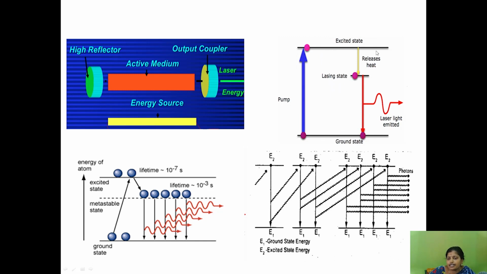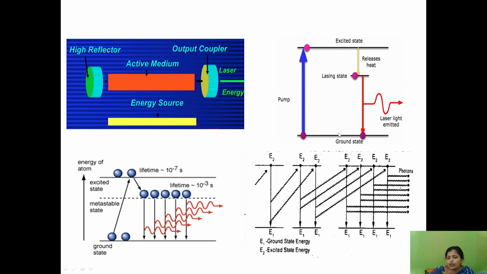Third, the stimulated emission process, in which laser beams are produced. Ground state atoms, with the help of external energy, go to the excited state. With one photon of energy absorbed, when the atoms return, two photons of light are emitted. So multiplication of the light beams occurs, and laser beams are produced.